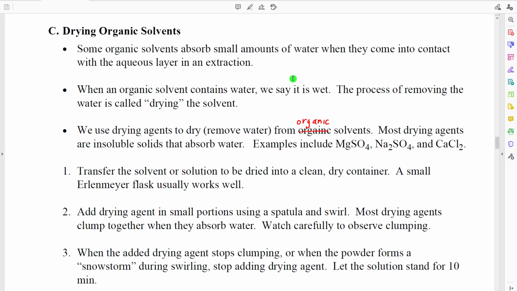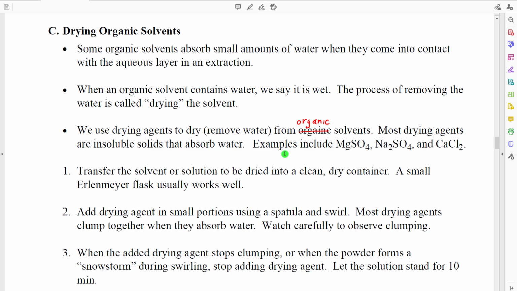In order to dry a solvent, we generally use something called drying agents. Drying agents are typically solids that are insoluble in our organic layer, but that absorb water to them. Very often we use inorganic substances that are able to create or absorb waters of hydration.